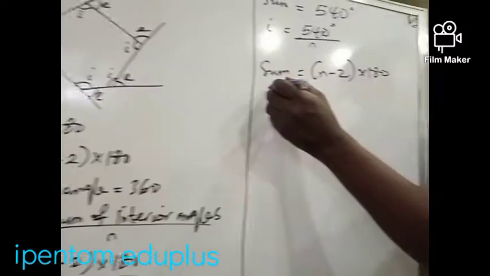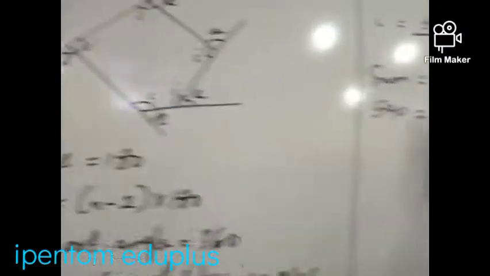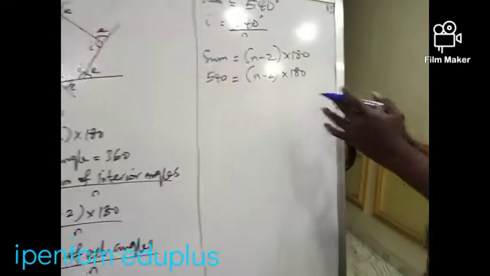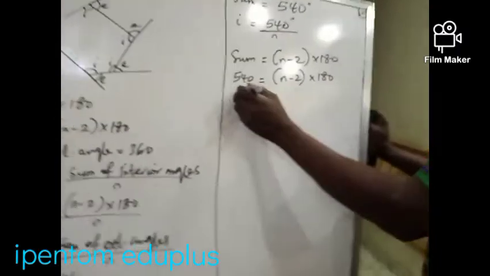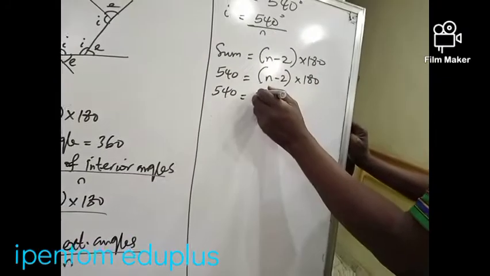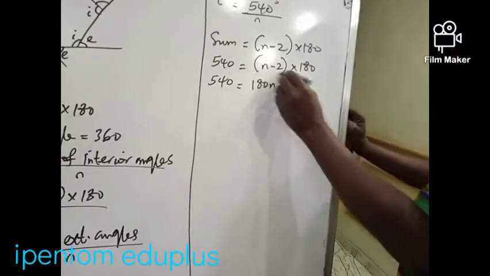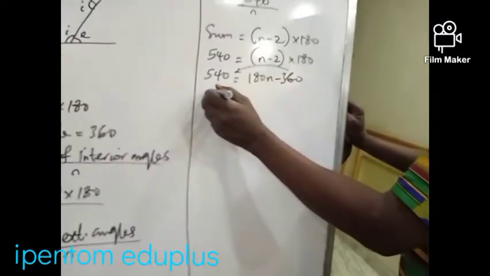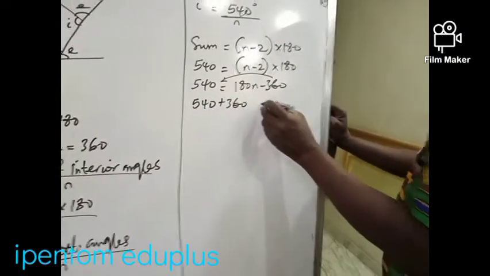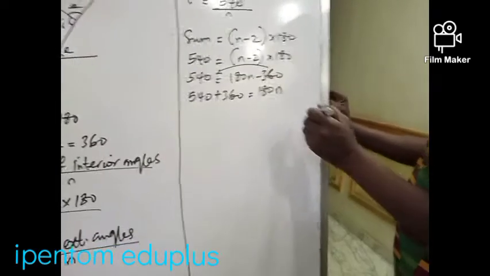So the sum is 540 equal to n minus 2 times 180. Now if you remove the brackets, you have 540 equal to 180n minus 360. By the time you take this out, we are going to have 540 plus 360 equal to 180n.